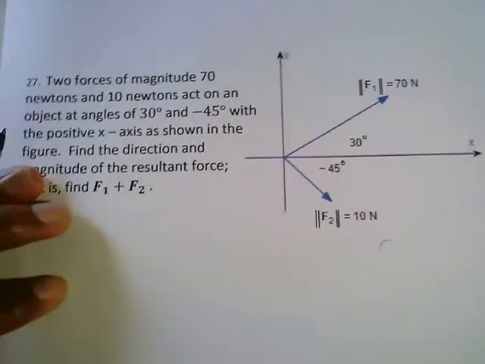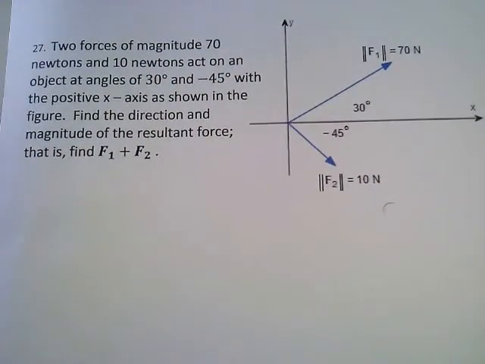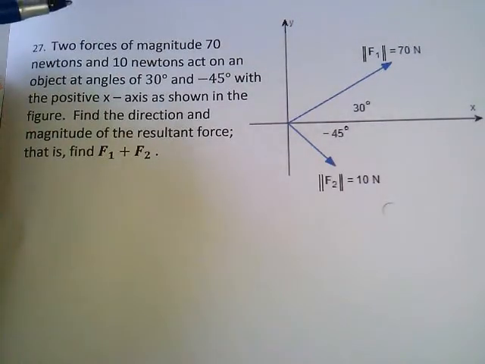Number 27 now. The two forces of magnitude 70 newtons and 10 newtons act on an object at angles of 30 degrees and -45 degrees with the positive x-axis as shown in the figure. Find the direction and magnitude of the resultant force. That is, find F1 and F2.